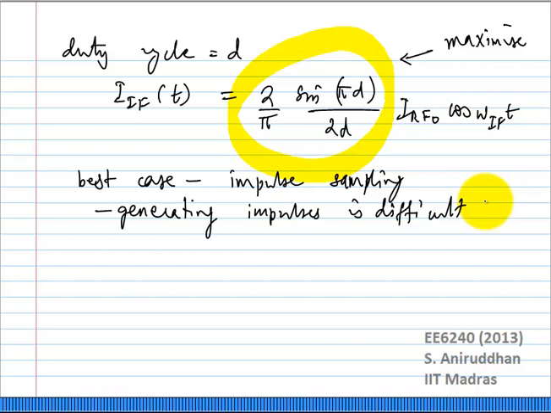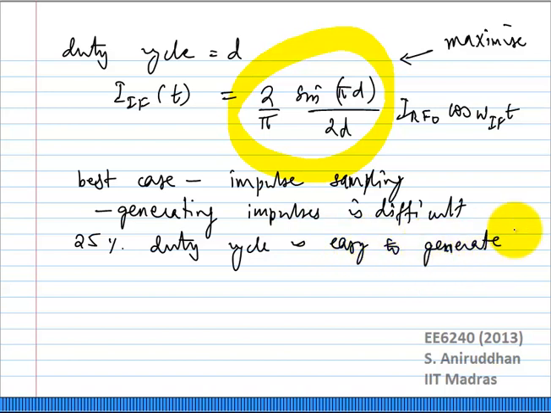So what people have done is they have arrived at some kind of compromise between what is easily generatable and what gives you more gain. So as it turns out, 25% duty cycle is very easy to generate, because if you actually use a divide by 2 circuit, we know that it gives you in phase and quadrature components.